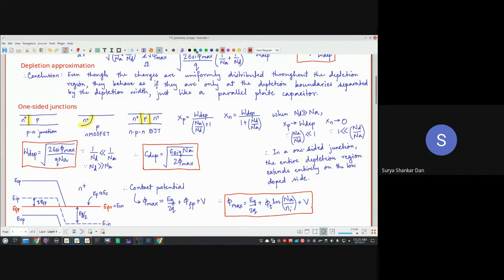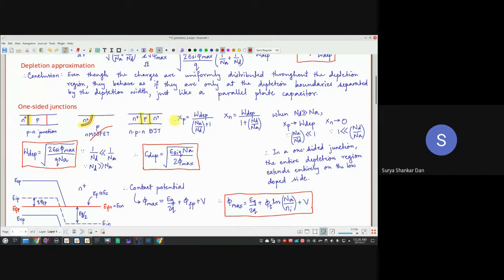The depletion boundary will be here, and in this other case it will be here. As you can clearly see, the depletion width is much larger on the low doped side.